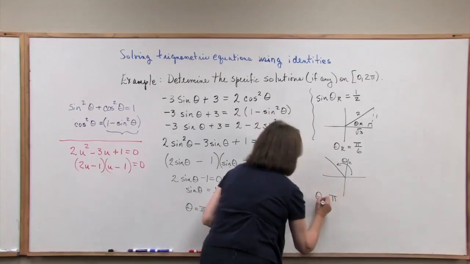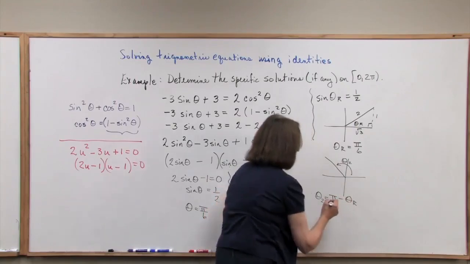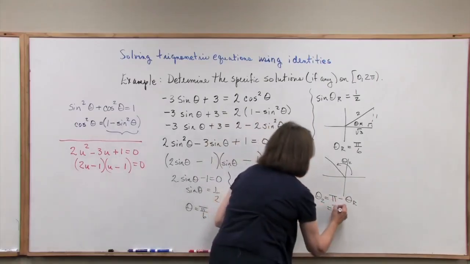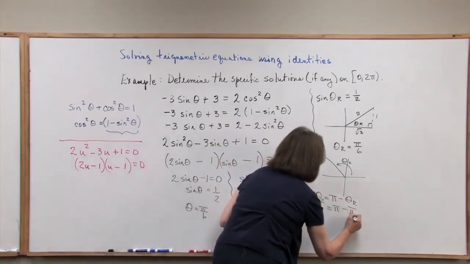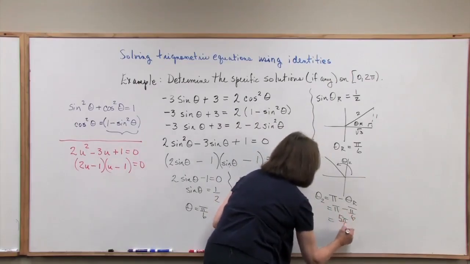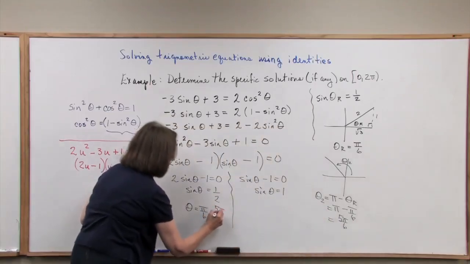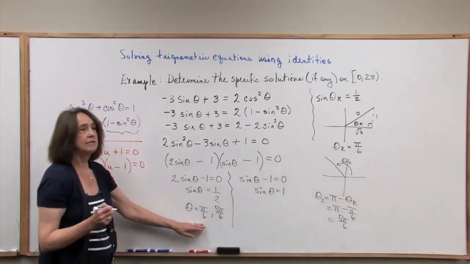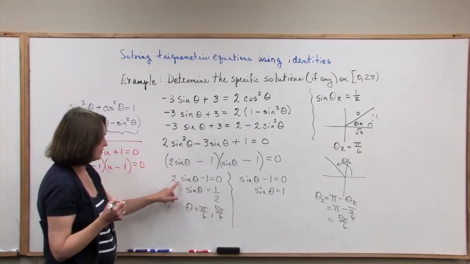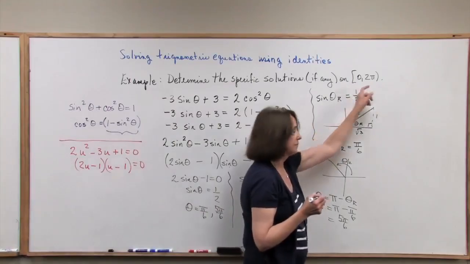We find that angle by subtracting the reference angle from pi: pi minus pi over 6 is 5 pi over 6. These are two solutions that solve this equation on this interval.